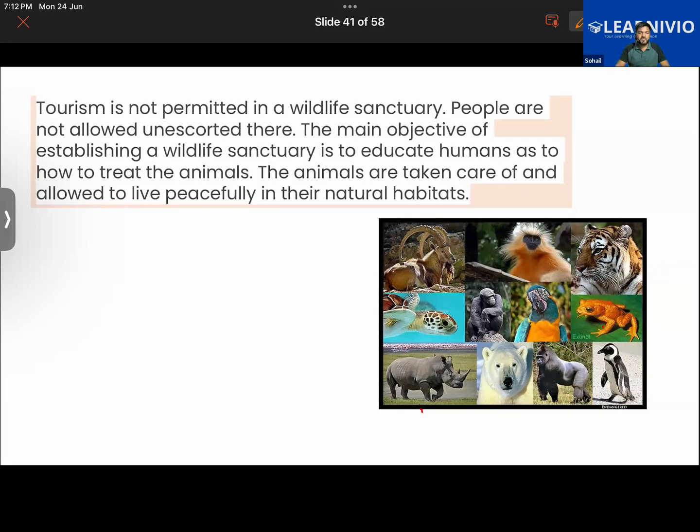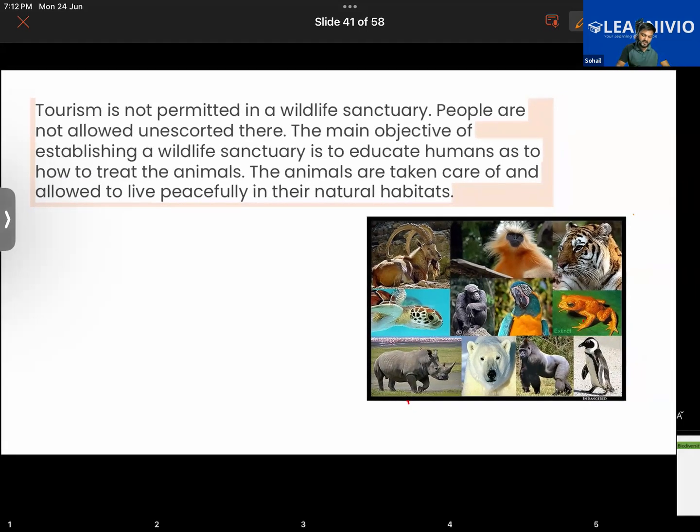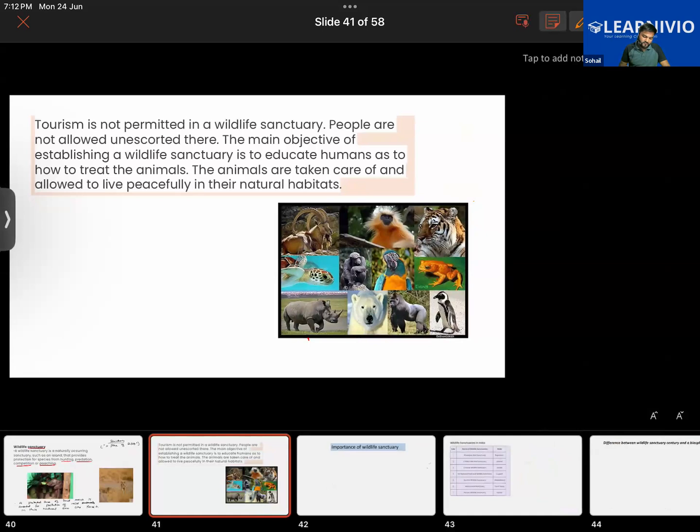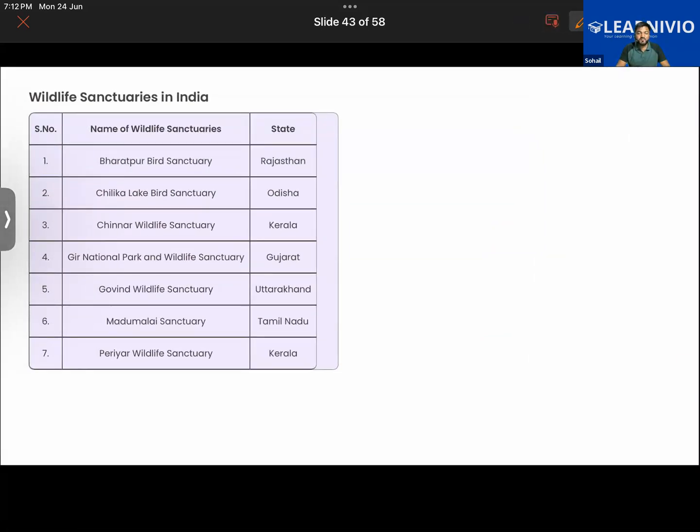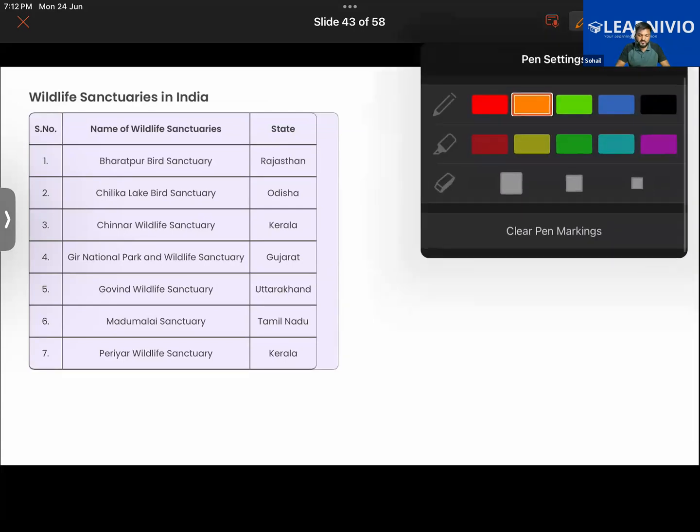So there are so many wildlife sanctuaries spread across our country, and they contain a fascinating diversity of flora and fauna. If we were to talk about the number, there are around 500 wildlife sanctuaries in India. How many? About 500. In fact, it's more than 500.